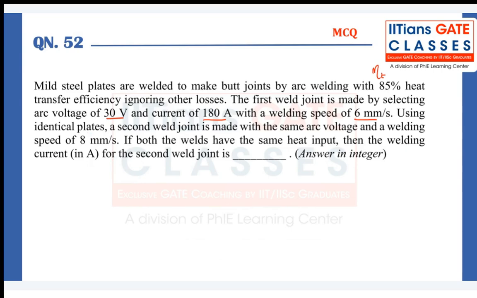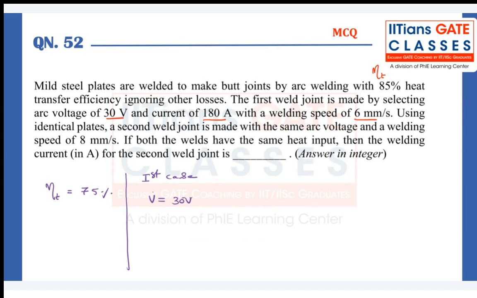So first we try to write the given data, guys. Heat transfer efficiency is equal to 75%, right? Now the first case: in the first weld joint, the arc voltage is given as 30 volts.